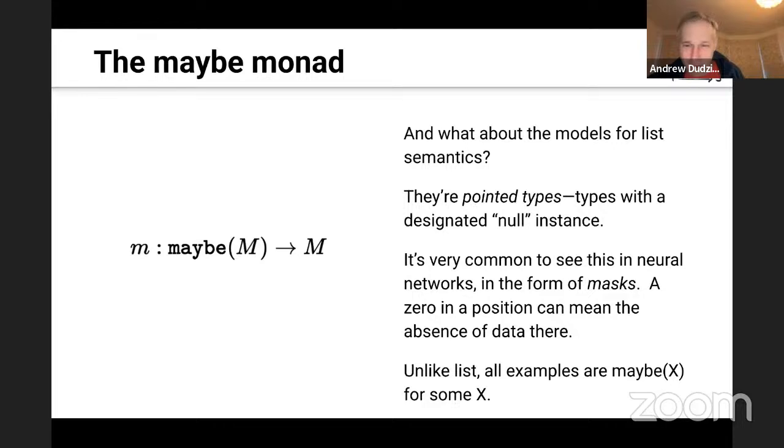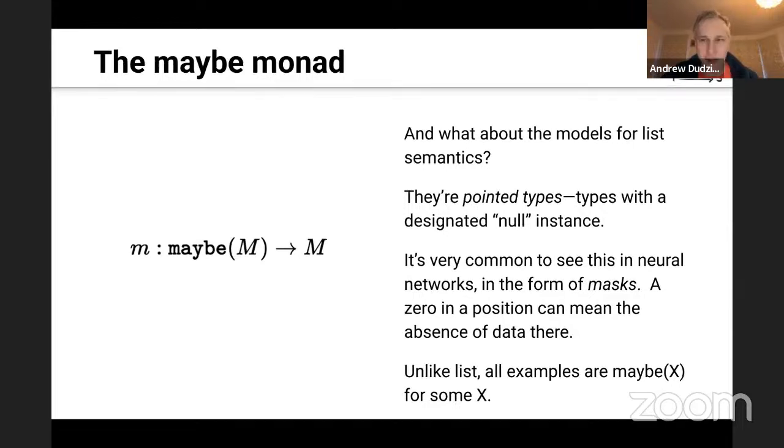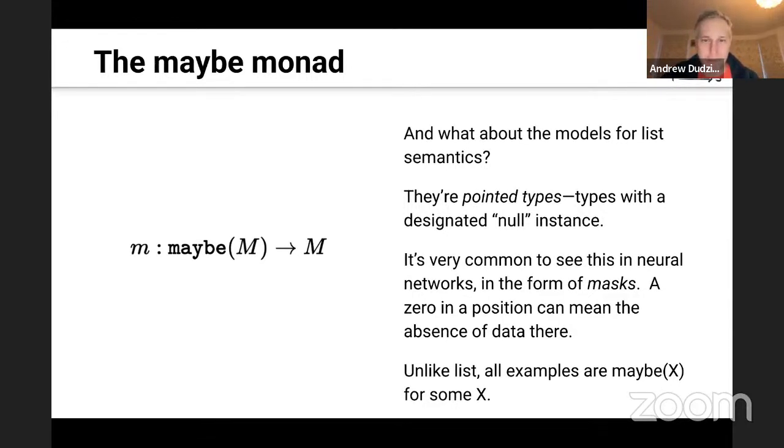And it's especially common in neural networks where you often see tensors used as masks. This is where you might have a tensor of zeros and ones, and 0 means no value, 1 means some value. There, the notion of absent data or a crash or whatever is implicit in the data structure itself, right? So any pointed type, a type with a designated null type, that's an algebra for maybe.